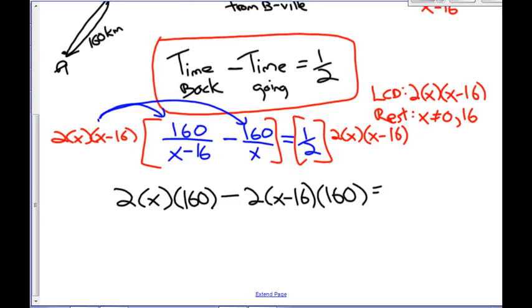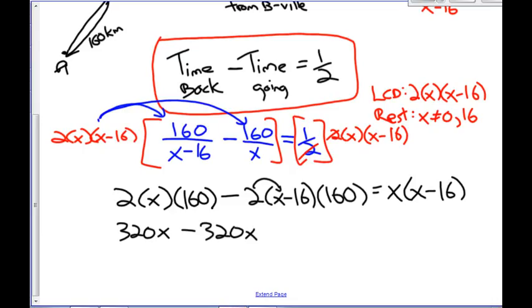On the right-hand side, the 2's are going to divide out, and we'll be left with x times x minus 16. Following it through, that'll be 320x minus, let's multiply this all through, so 2 times x times 160 is 320x. Negative 2 times negative 16 times 160. Maybe we need to get a calculator for that.